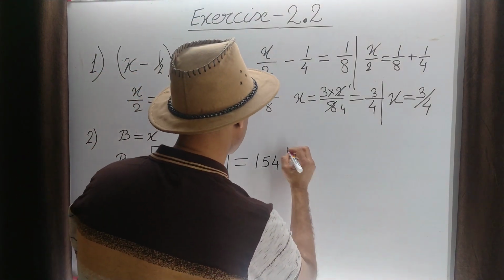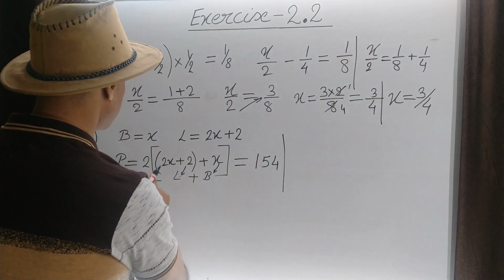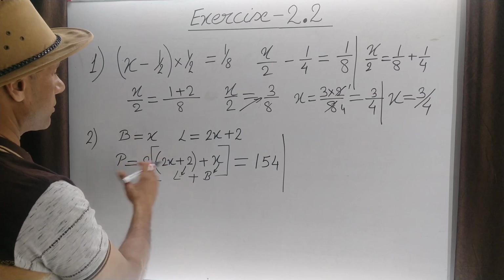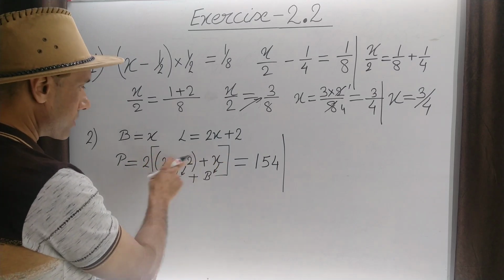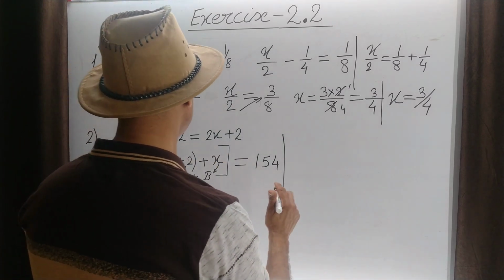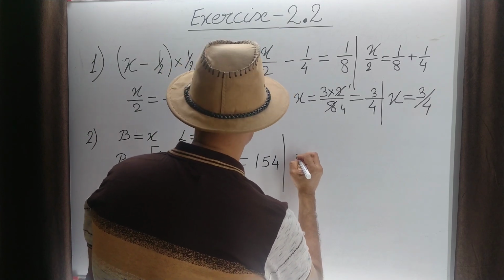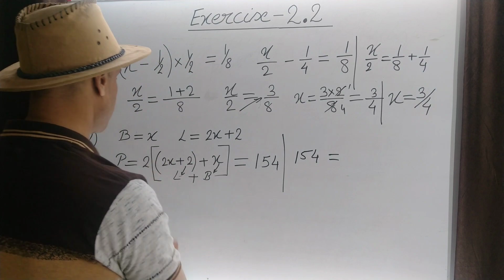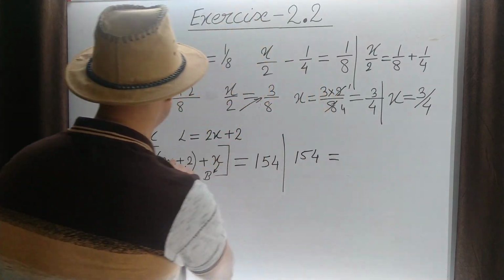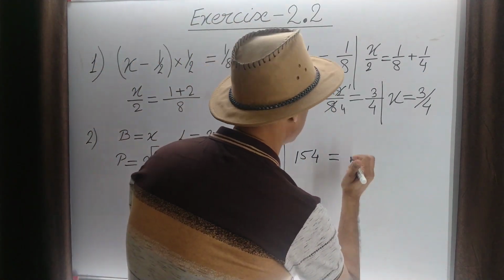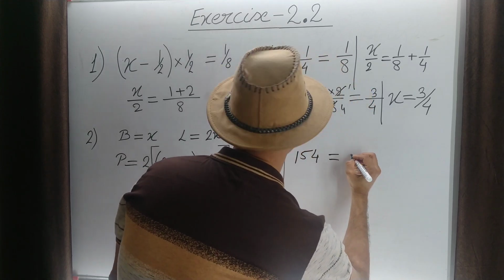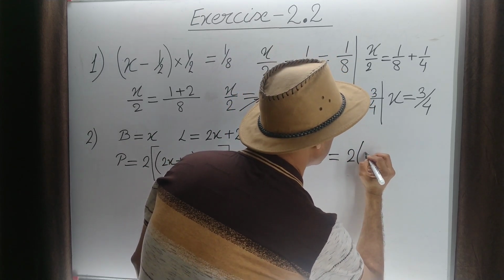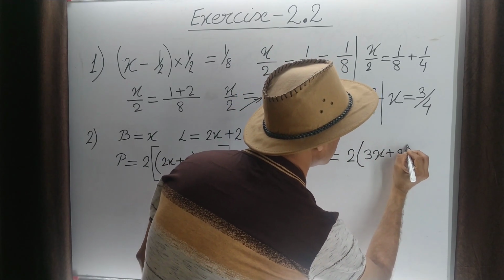We can open this bracket, or you can solve inside the bracket first, it will be easier. We'll get perimeter, that is 154, is equal to 2 multiplied by x plus 3x plus 2, that is 2 multiplied by 3x plus 2.